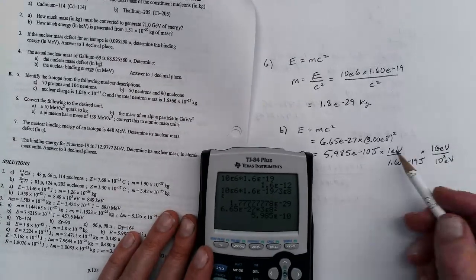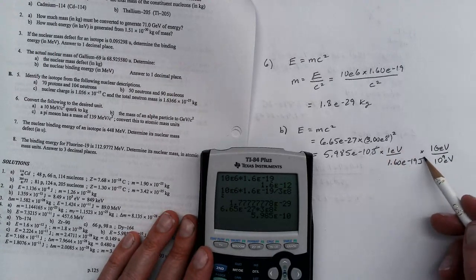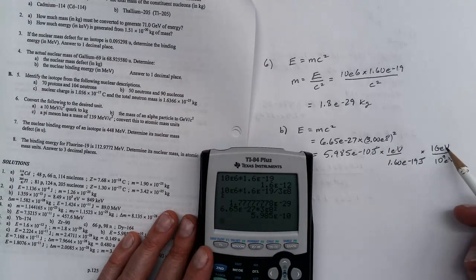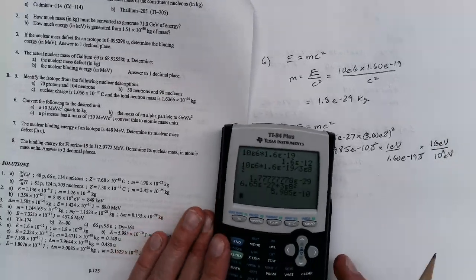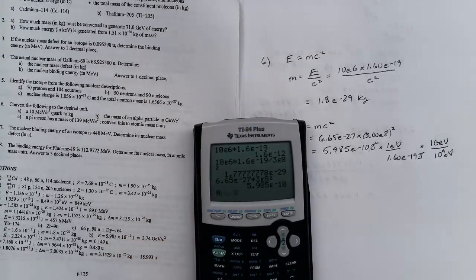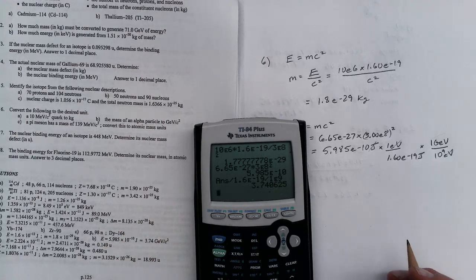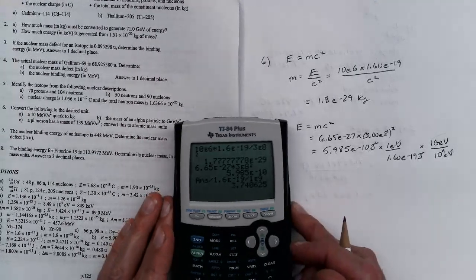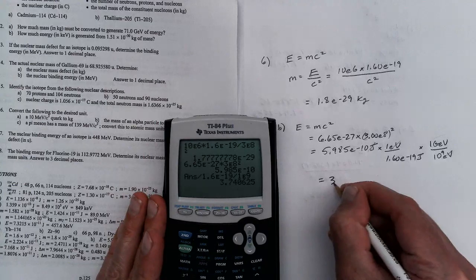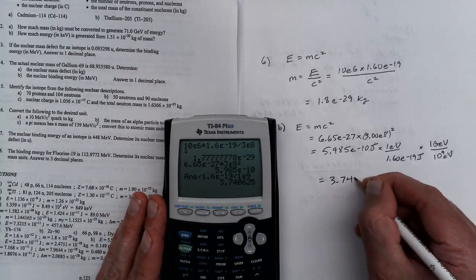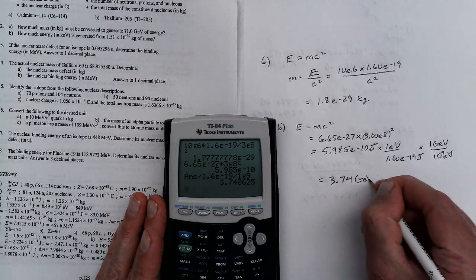Now you can see our units are going to cancel off. The joules go out with the joules, eV with eV, and then we're left with our gigaelectron volt unit. Okay. All right, I got 3.74. And this would be GeV.